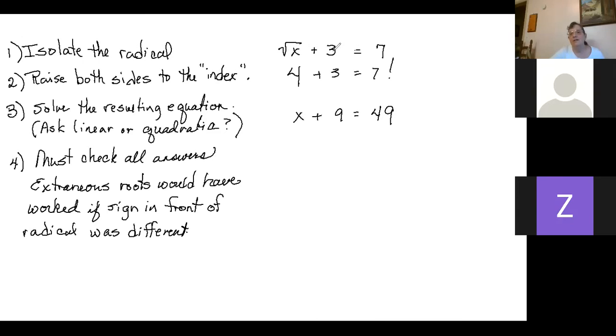The only thing you can add to 3 and get 7 is if this is a 4. This doesn't work.